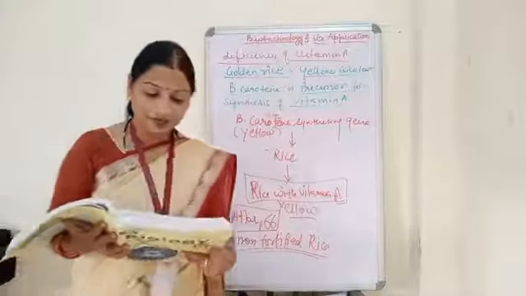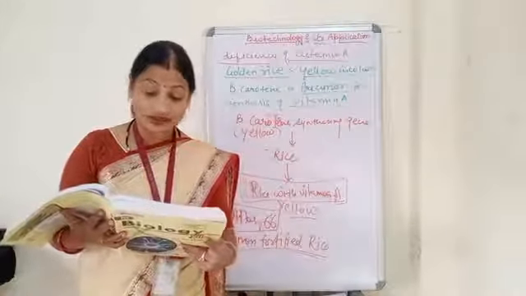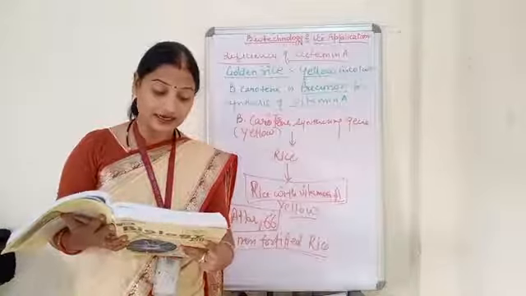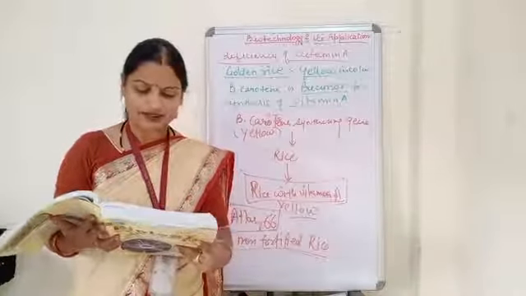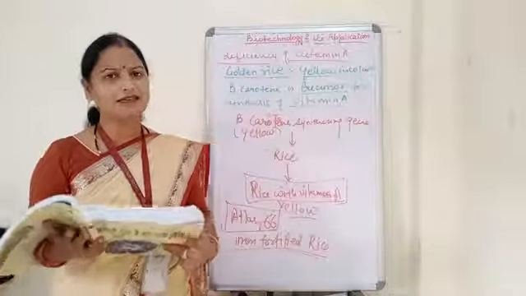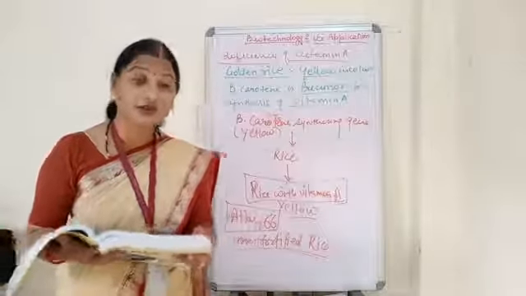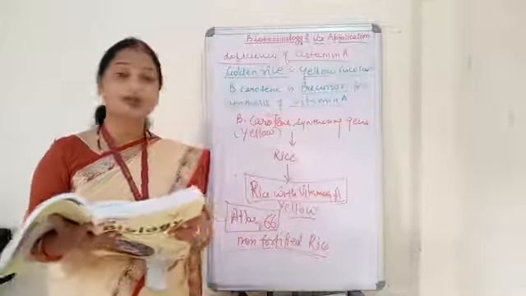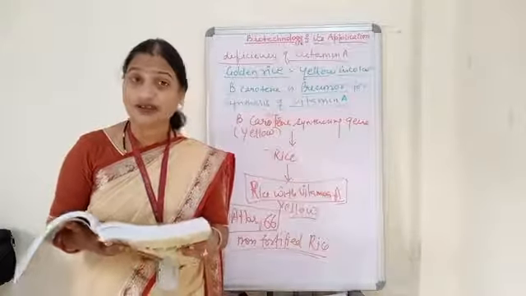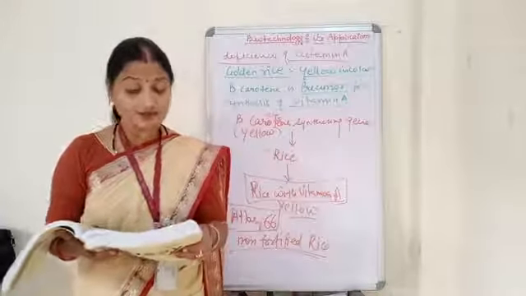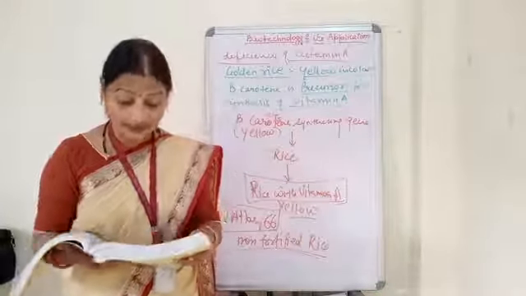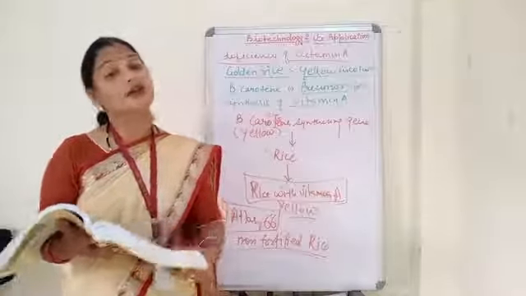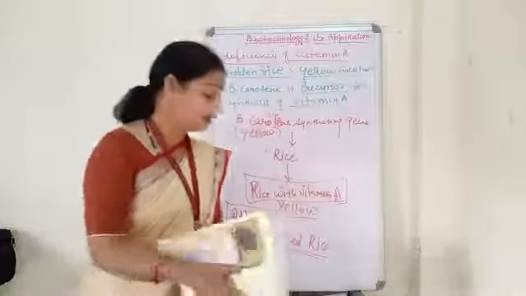Besides, maize hybrids that contain twice the amount of amino acids, lysine and tryptophan, compared to existing maize hybrids were developed. I have not used this word before, so I am telling you this also. The scientists have started producing varieties of maize which contain a good amount of amino acids, lysine and tryptophan, as compared to normal maize.